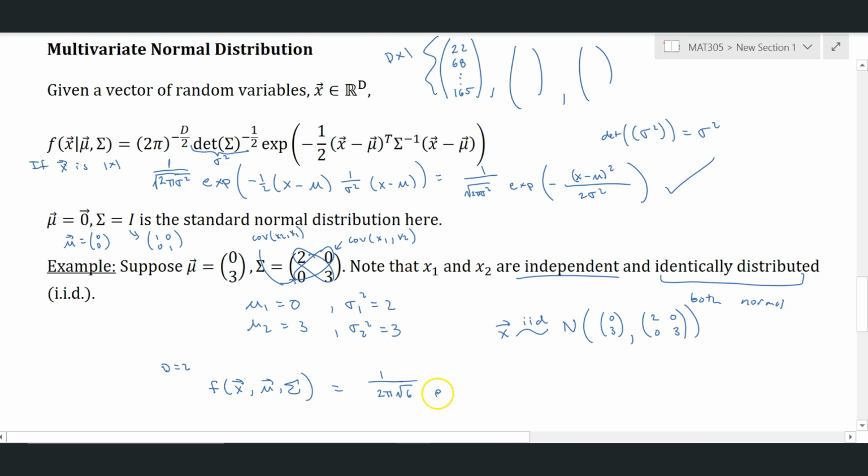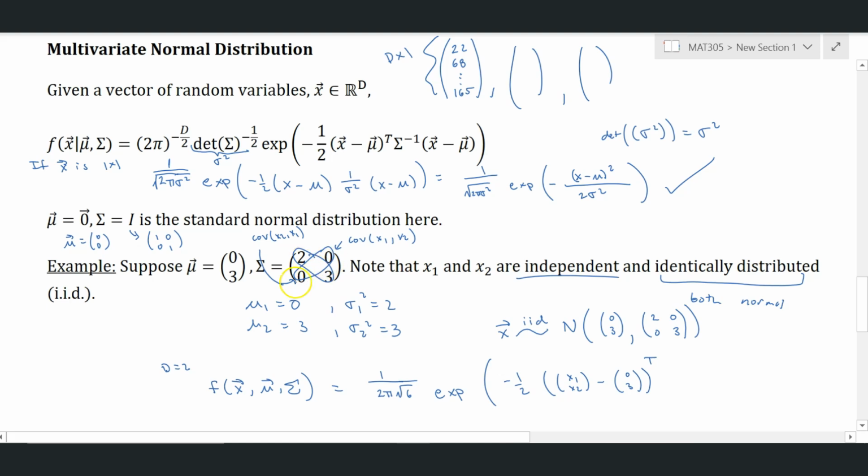And then we have e raised to the power of negative 1/2. Here in the parentheses we'll have x1, x2 minus the mu vector 0, 3. That quantity transposed, multiplied by the inverse of the variance covariance matrix. By the way, this is a diagonal matrix.